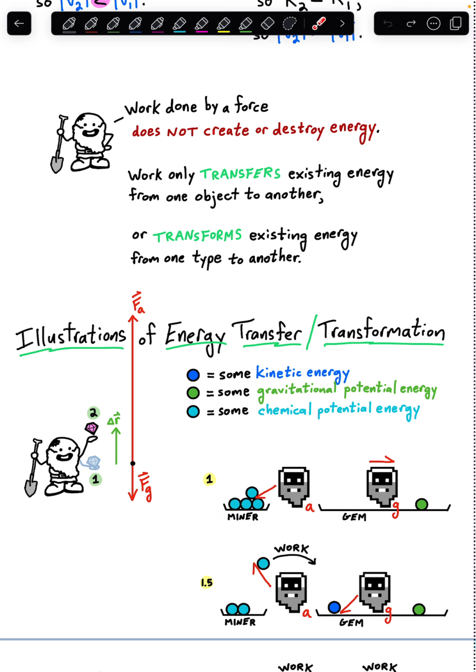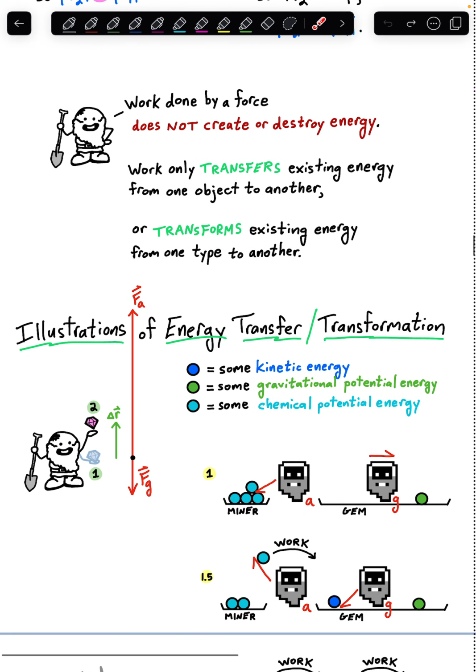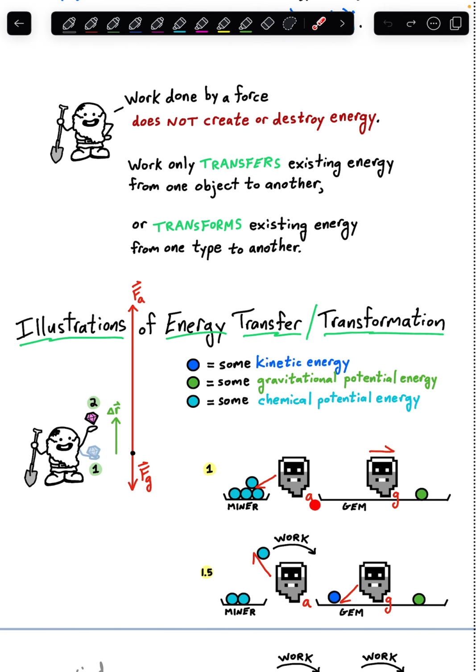This icon with a subscript A, this is a force. Each little dwarf face icon is a force, with the subscript telling us what kind of force. This is the applied force here. And this icon represents the force of gravity.